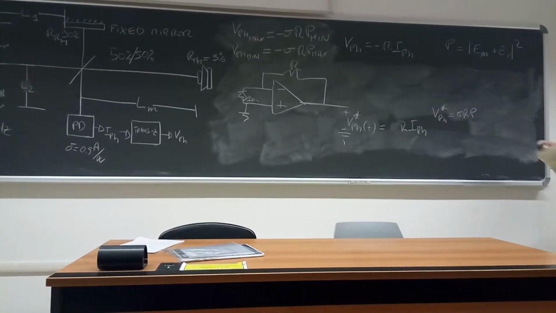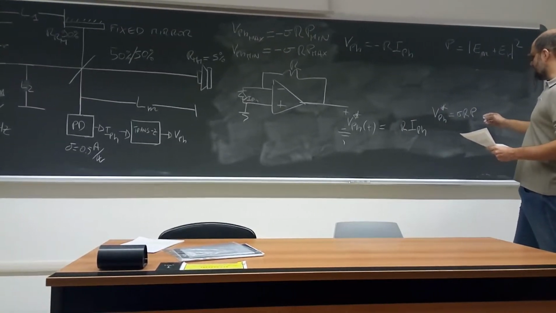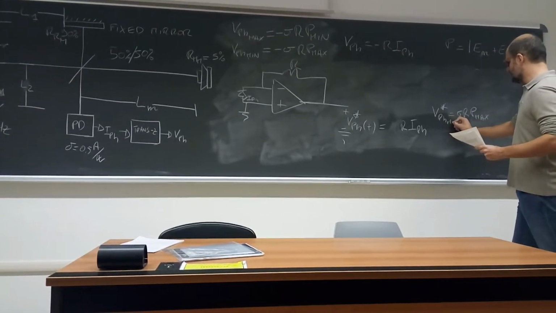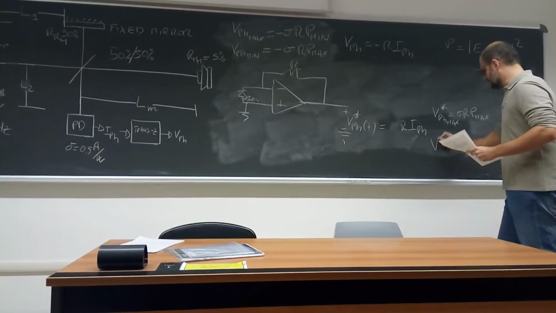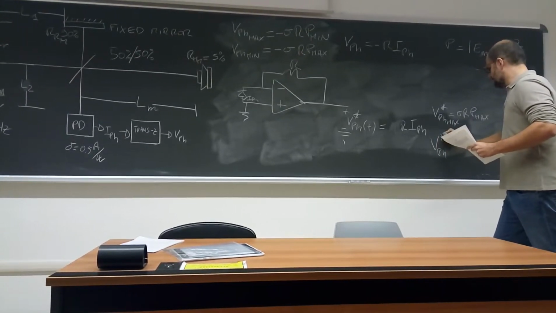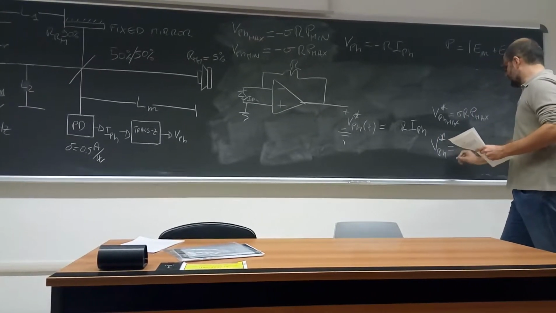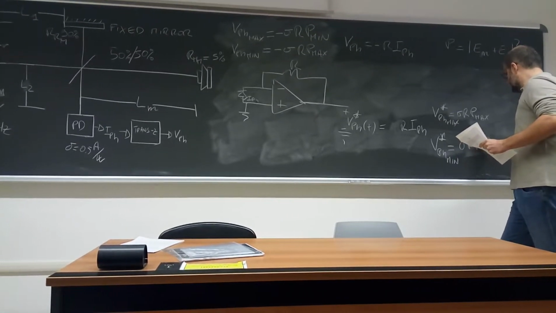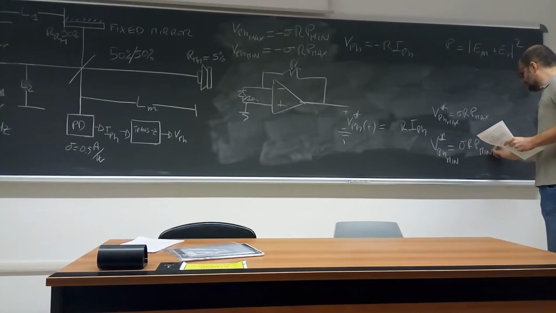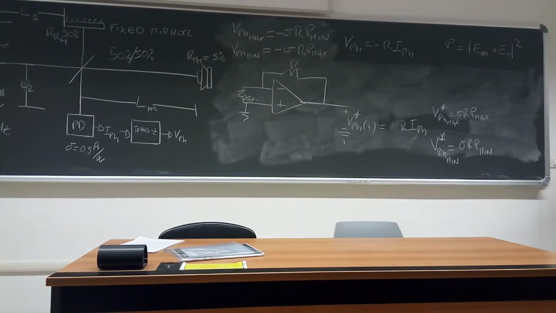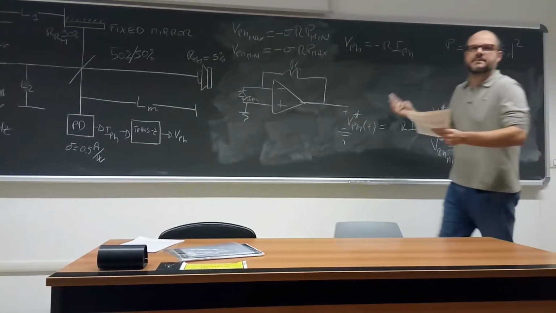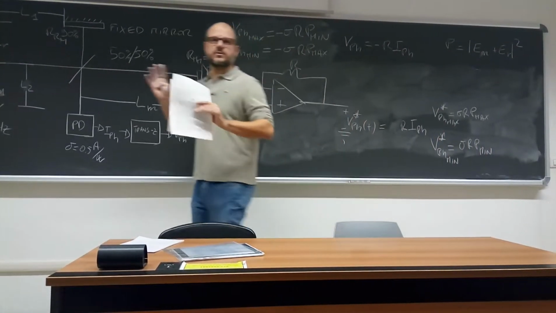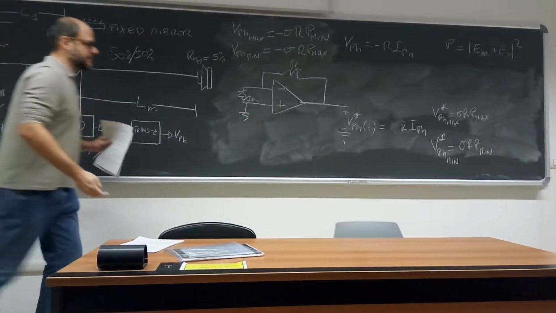This is correct. And instead, the minimum of the photodetected voltage is sigma R P min, okay? So both of the solutions can be accepted. It is important that you say what is the scheme that you are going to use. Okay?